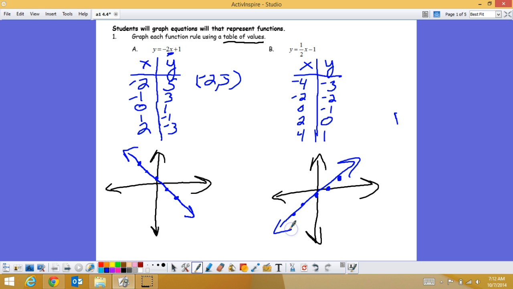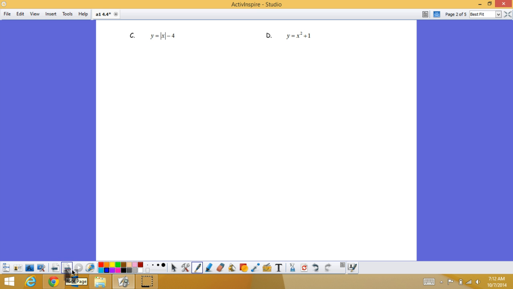And again, we have a line. Okay. In the next two examples, we are going to look at some special functions.